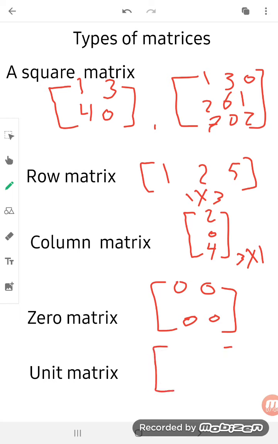A unit matrix has 1 in the main diagonal. This is called the main diagonal, and the remainder are 0. This diagonal is called the main diagonal, and the other elements are 0.